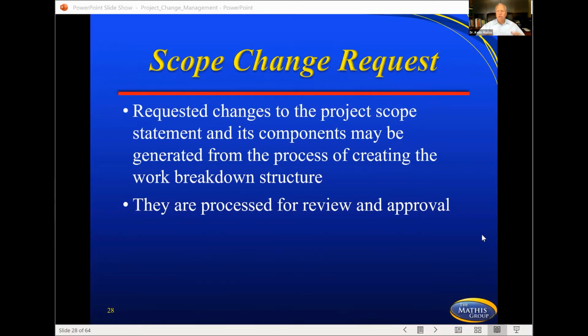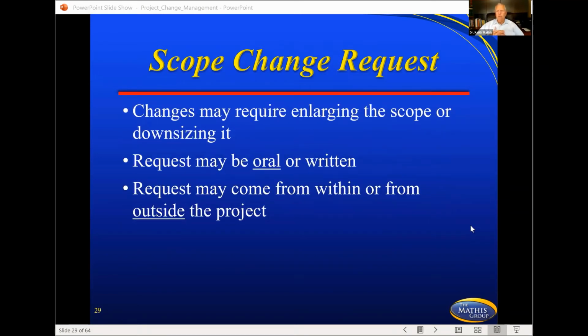And that's going to then be given to the customer or the stakeholders or change control board for approval. The changes could require enlarging the scope or downsizing it. Requests could be oral or written, and requests may come from within or from outside the project. So who's saying it is not necessarily the problem, even though sometimes it is. The point is that you're looking for the justification of that change order.